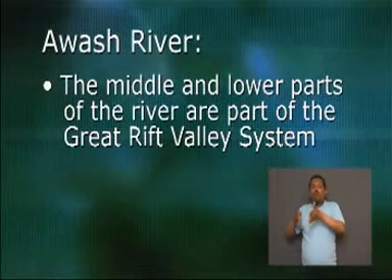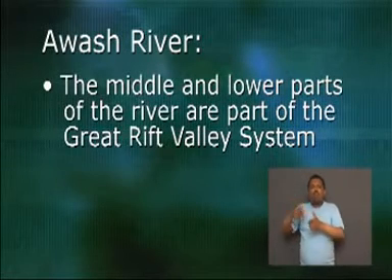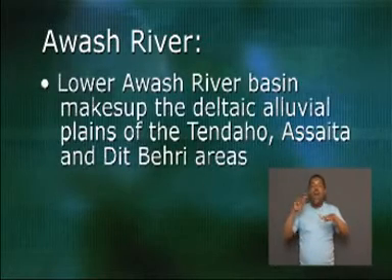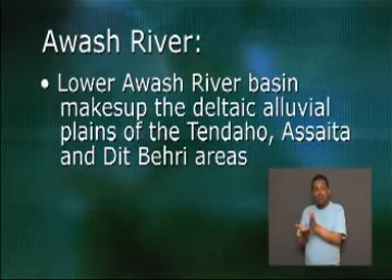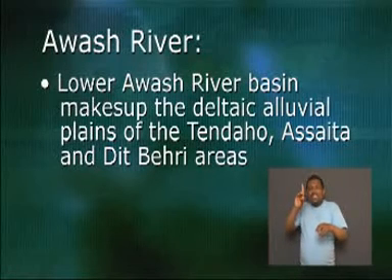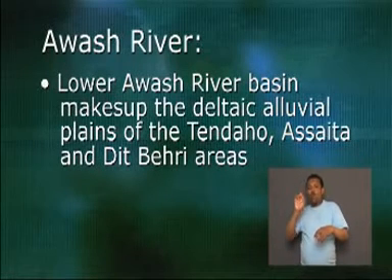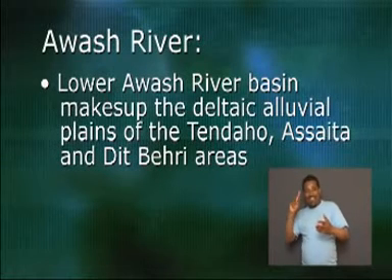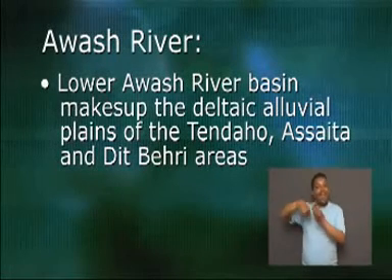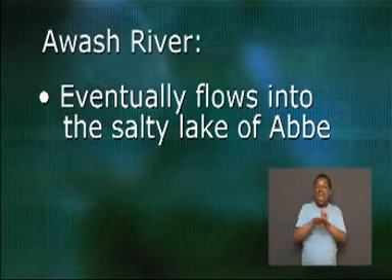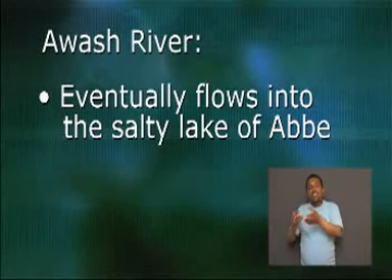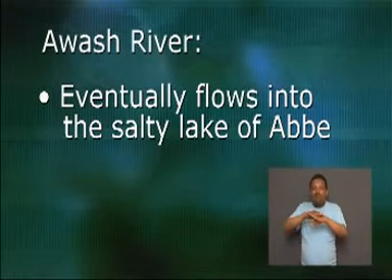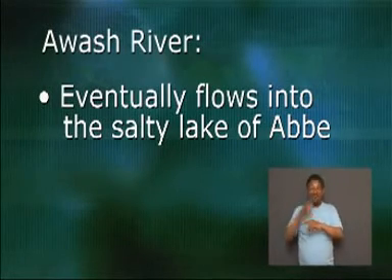The middle and lower parts of the river are part of the Great Rift Valley system, and the lower Awash River basin makes up the deltaic alluvial plains of the Tendaho, Asaite, and Deet-Beri areas. The Awash River eventually flows into the salty lake of Abe on the border of Djibouti.